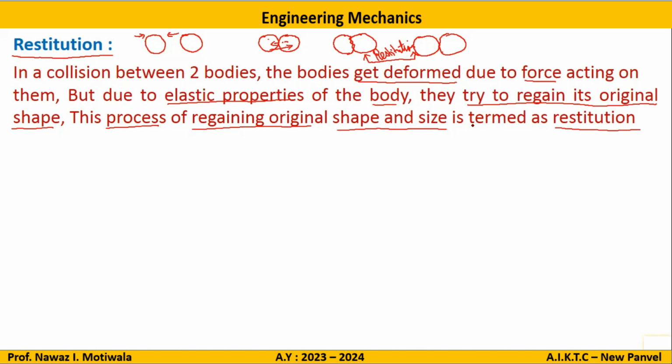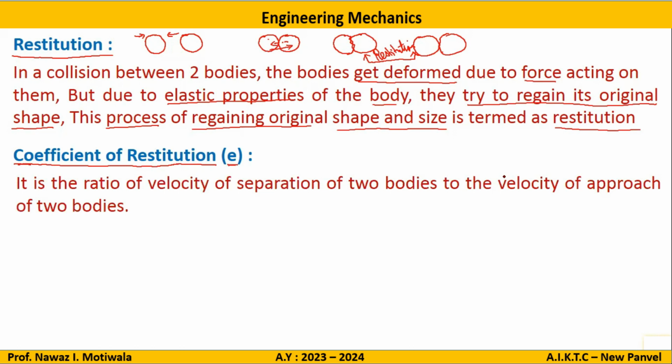Now let us proceed further. The next term is the coefficient of restitution, denoted by a small e. What is the coefficient of restitution? It is the ratio of the velocity of separation of two bodies to the velocity of approach of two bodies.